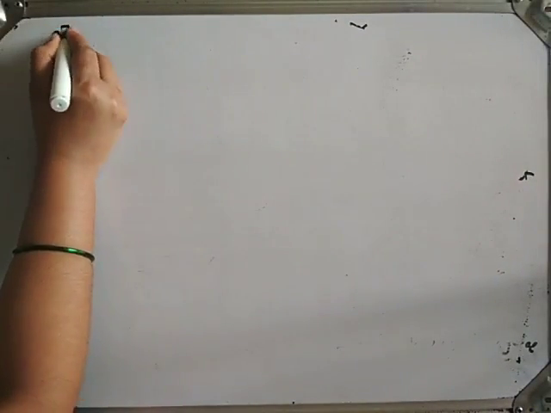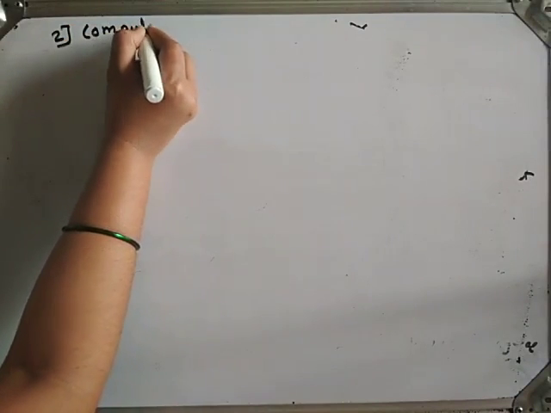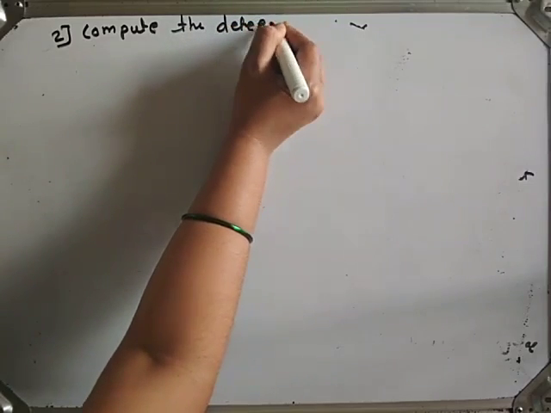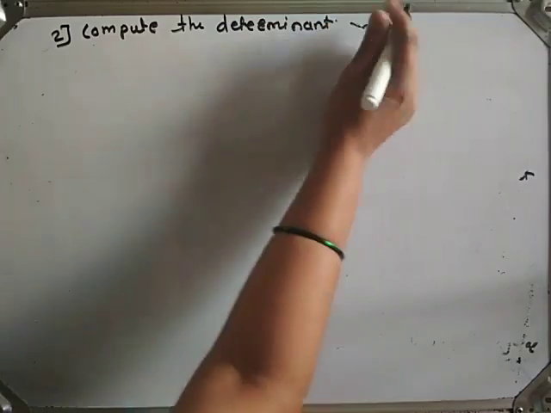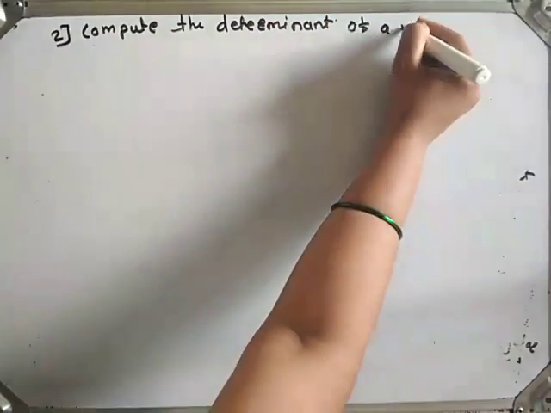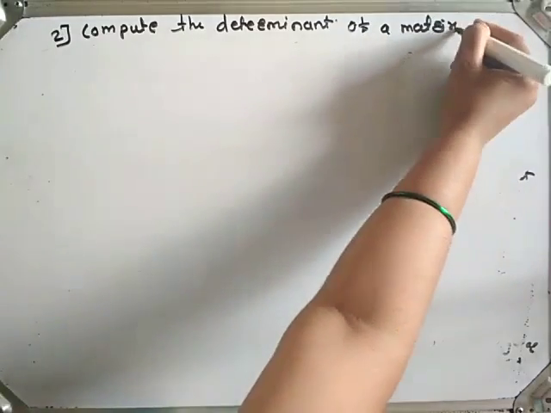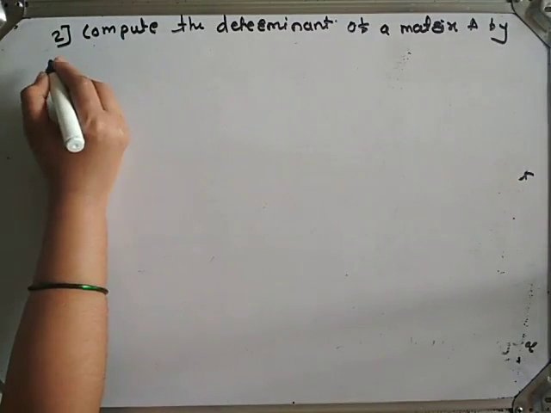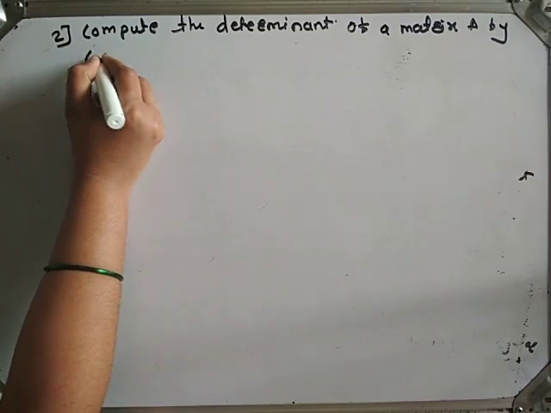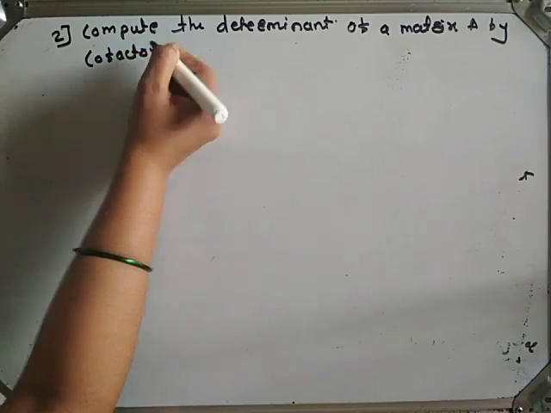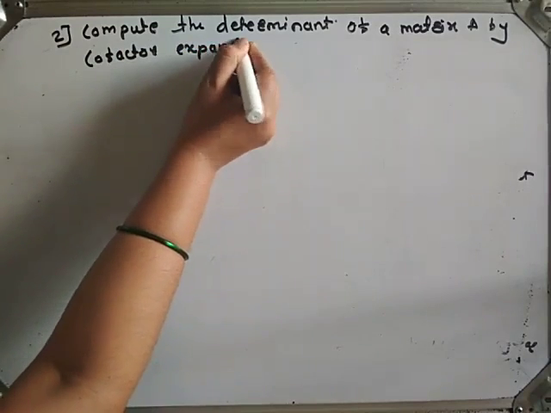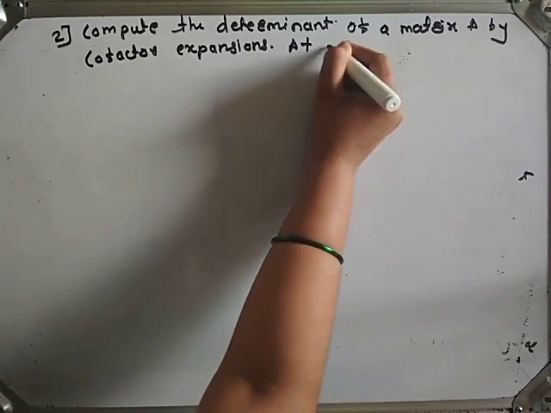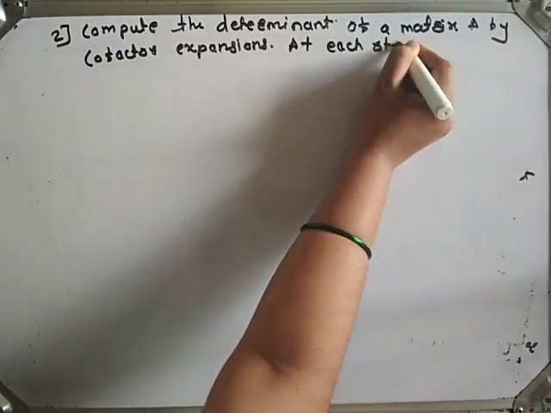Let's take the next example. Compute the determinant of matrix A by cofactor expansion at each step.